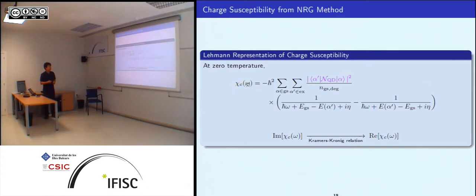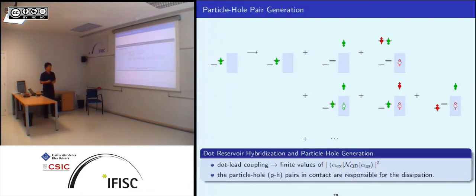Then, by using this Lehmann representation, we can calculate the charge susceptibility. In energy, this spectral weight is accessible, and we obtain the energies. We first calculate the imaginary part of the charge susceptibility, and by using Kramers-Kronig relation, we can calculate the real part. So we can get all the components of the charge susceptibility.